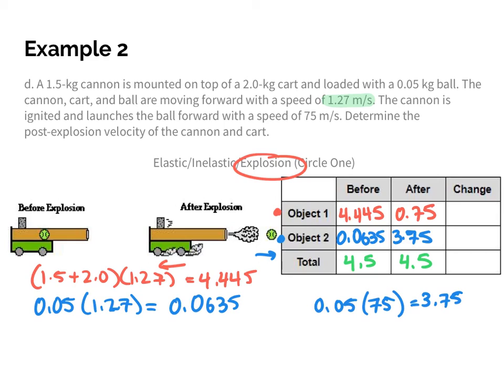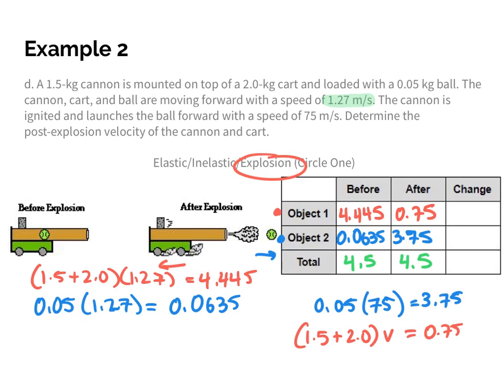So now if the cart and the cannon have an overall momentum of 0.75, I look at the combined masses of both and want to know times what speed would give me a momentum of 0.75. So now I can start to think about the speed at which those 2 things would recoil.